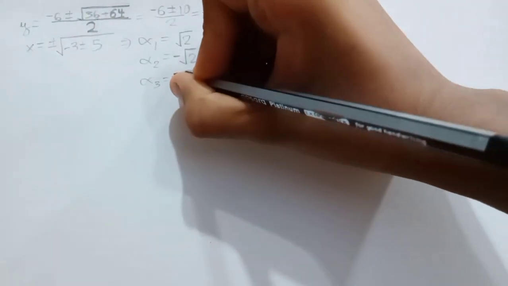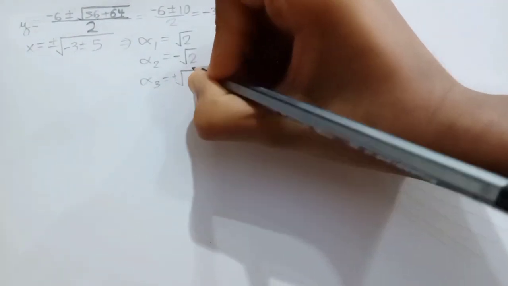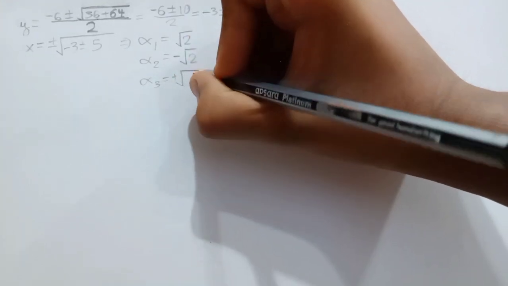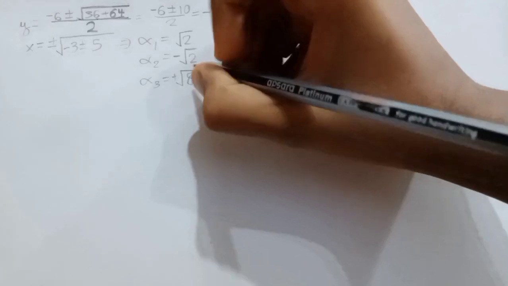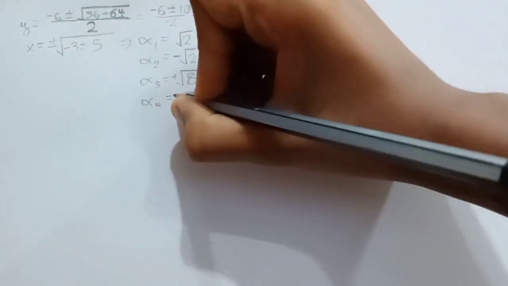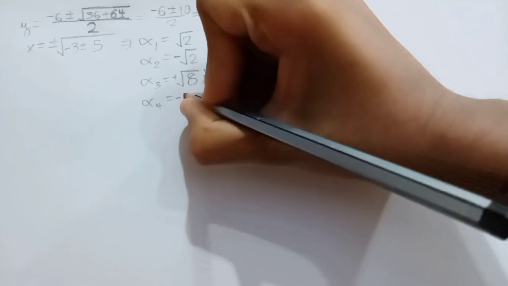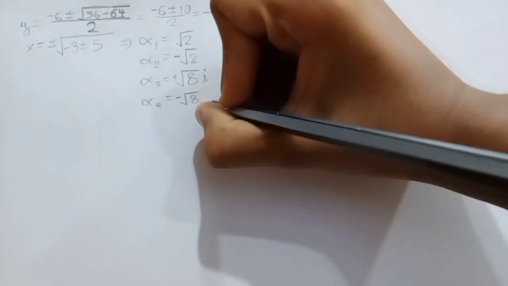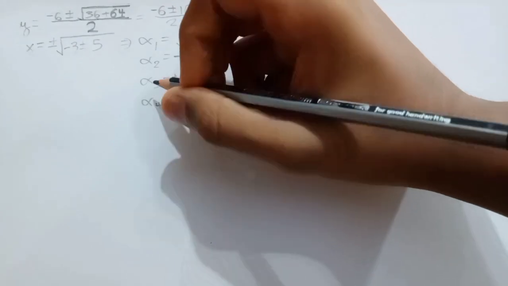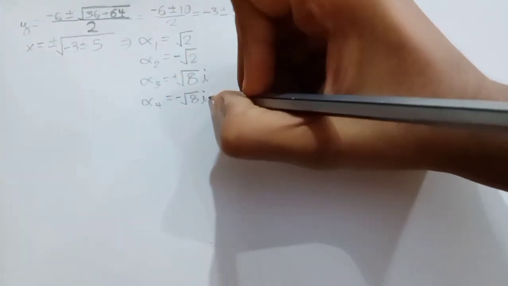So we have the positive root of negative 3 minus 5, which is negative 8. So we have root 8i if you split it up. And then alpha 4 would be negative root 8i. It would just be the negative of alpha 3 because these two are purely imaginary.